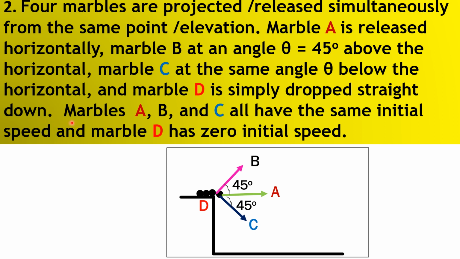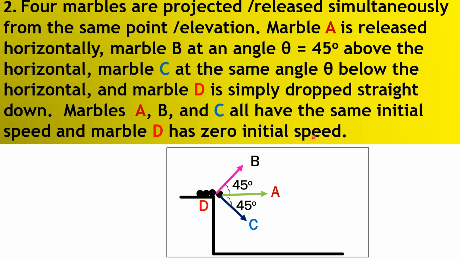We say further that marbles A, B, and C all have the same initial speed, and marble D has zero initial speed. So among the four marbles, it's only marble D that has zero initial speed.